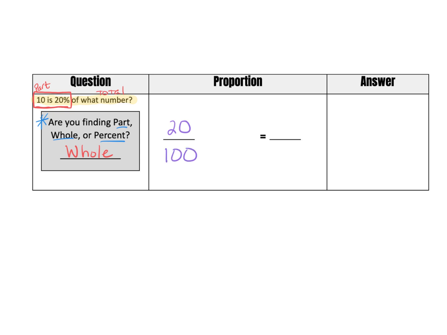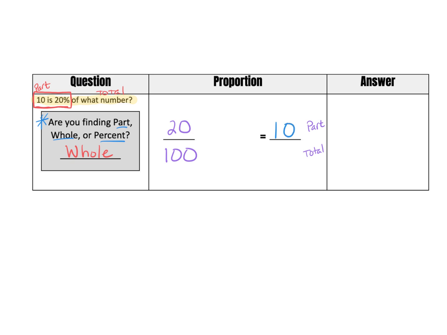Now my proportion is all set up, so I can put the part in the part position. I want you to write part and total here, so you can remind yourself that the part goes on the top and the total goes on the bottom. And then what is the part that we were given in the question? And you are correct, I hope. It is 10. That was the part we were given in the problem.